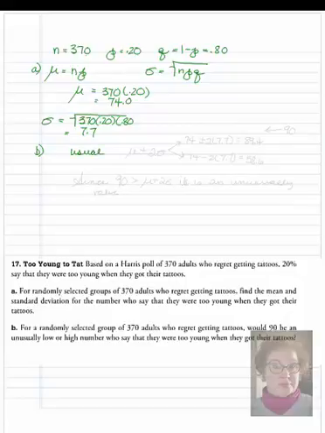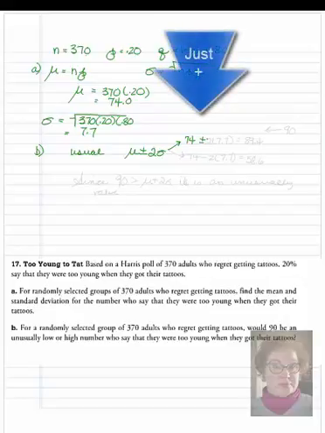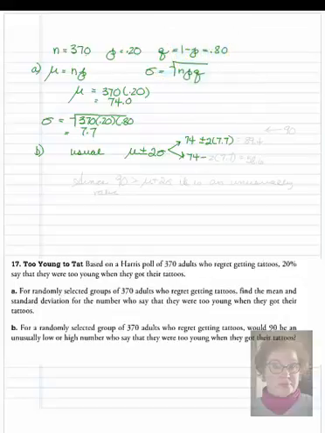And that's still our mean plus or minus 2 standard deviation units. So on the high end it's going to be 74 plus 2 times 7.7, and on the low end it's going to be 74 minus 2 times 7.7.